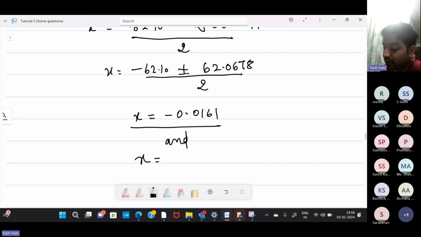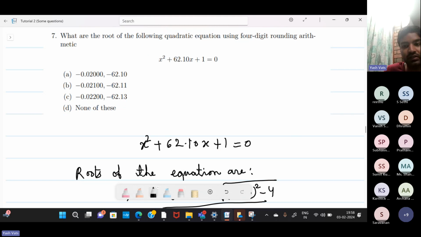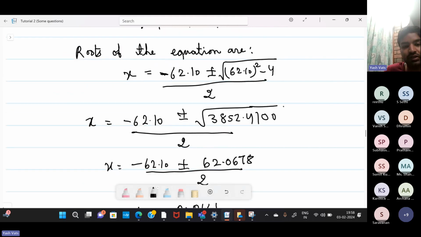So next is to find the other root, which is minus 62.10 minus 62.0678, divided by 2, which is minus 62.1039. So minus 62.1039, with 4-digit rounding arithmetic.